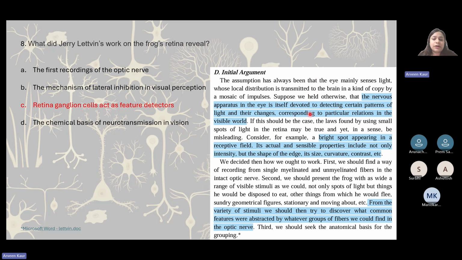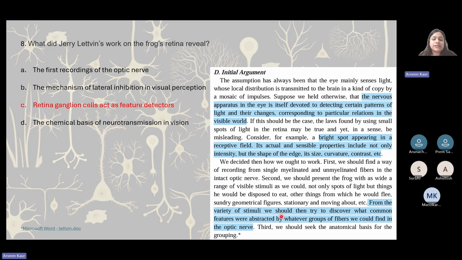So he wanted to counter this and say that the nervous apparatus in the eye itself is devoted to detecting certain patterns of light and their changes corresponding to particular relations in the visible world. He took an example that a bright spot appearing in the receptive field has actual sensible properties that included not only the intensity of the light but also the shape of the edge, its size, curvature, contrast, etc.